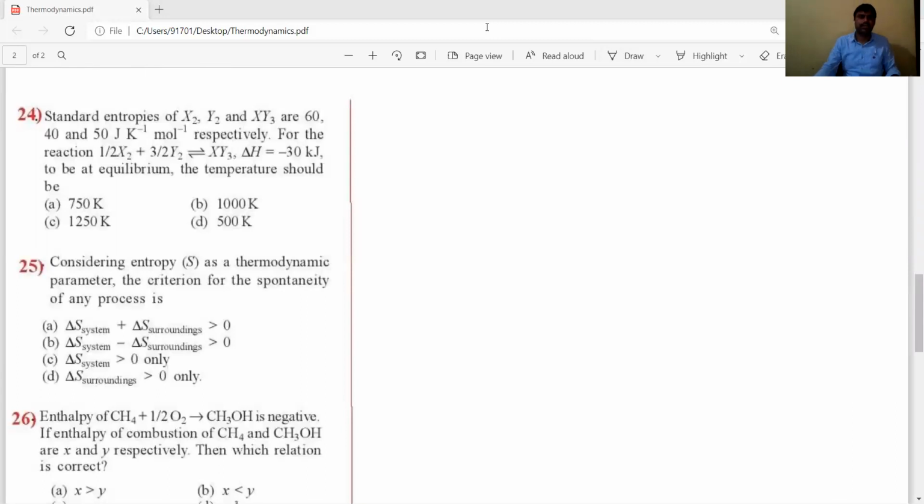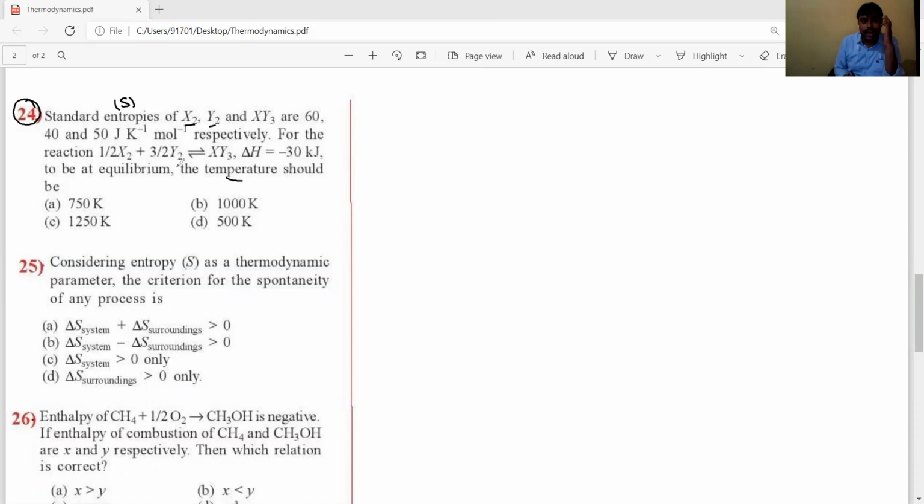24th question, dear students. The standard entropies, S values, of X2, Y2 and XY3 they gave respectively for the given equation. The delta H value they gave, and we need to find the temperature at the equilibrium state. Okay, so for this, what is the relation?